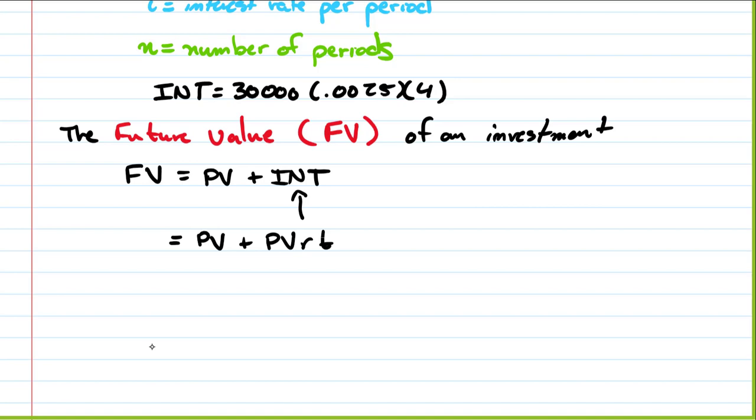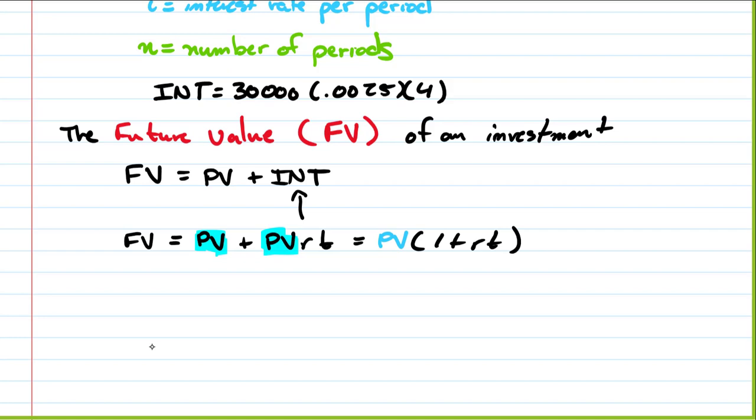And then we would notice that we have a common factor of present value in each of these. So our future value would be equal to our present value, factoring that out, 1 plus R times T.